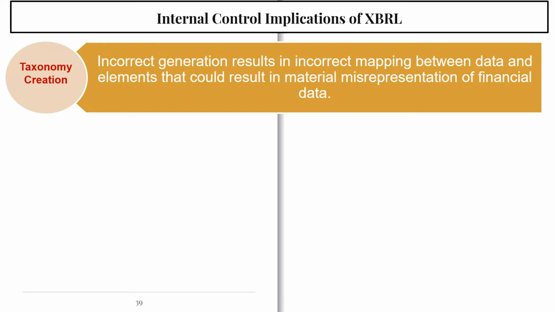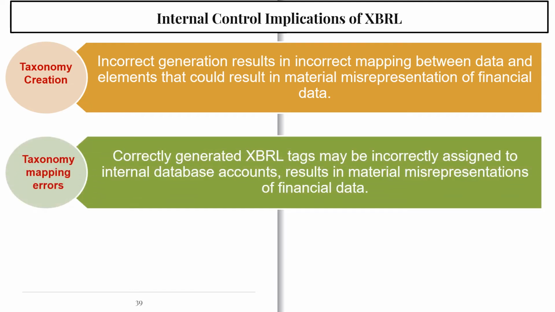When we create the XBRL taxonomy, if there is incorrect generation, it results in incorrect mapping between data and the elements, meaning the accounts, that could result in material misrepresentation of financial data. The second stage or activity in XBRL is taxonomy mapping errors.